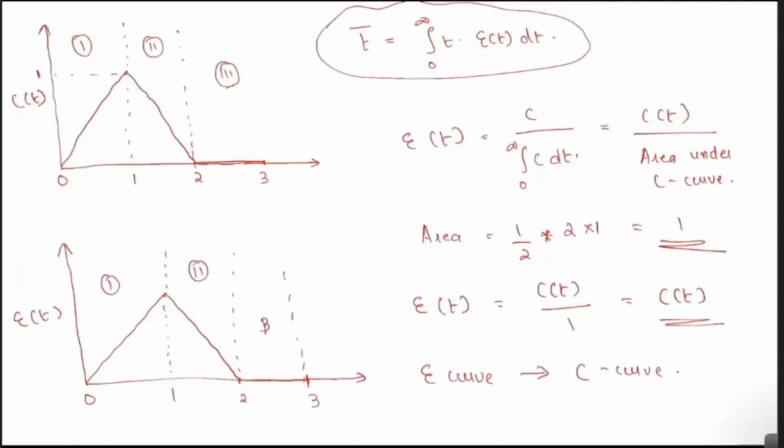Okay. So the mean residence time T bar is equal to integral 0 to infinity T E of t dt, which will become integral T E of t dt for part 1 plus the integral for part 2 plus the same integral for part 3.